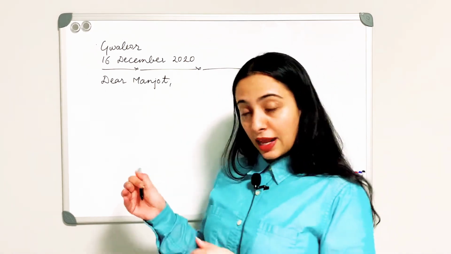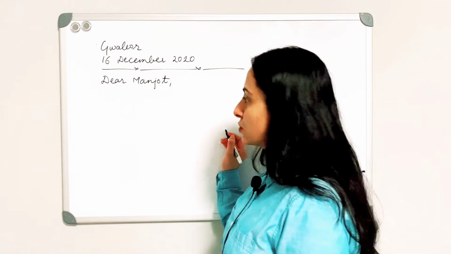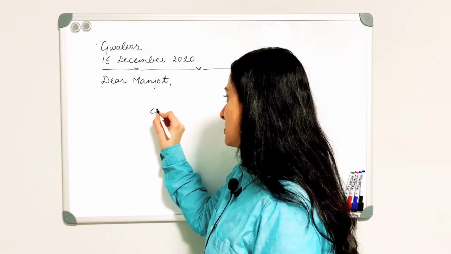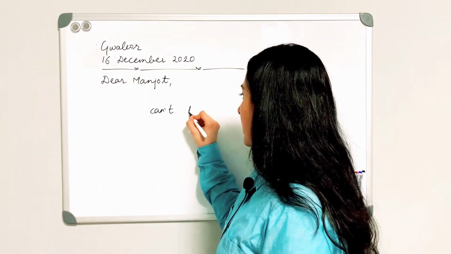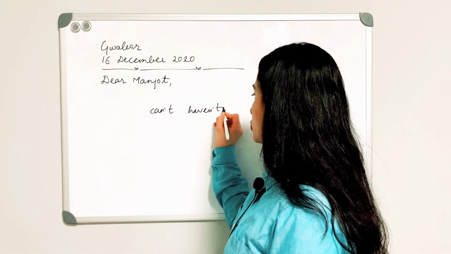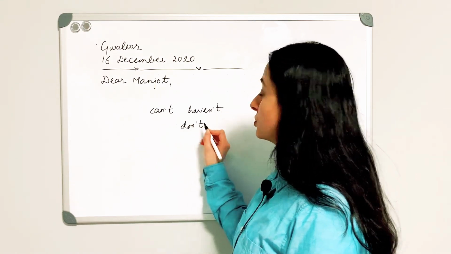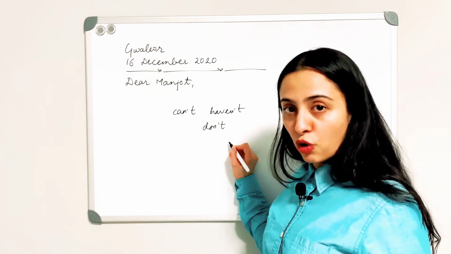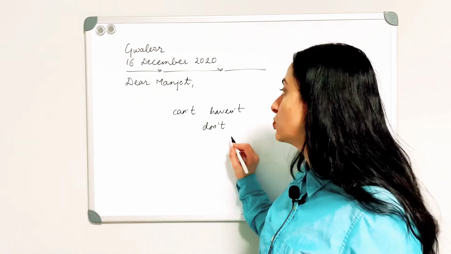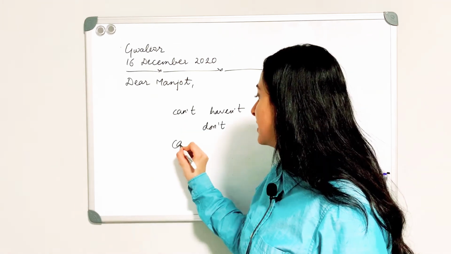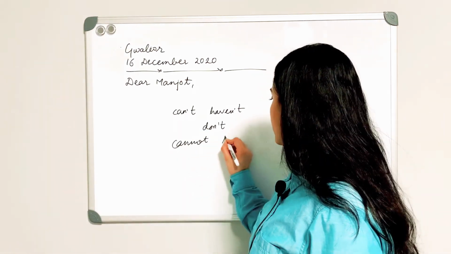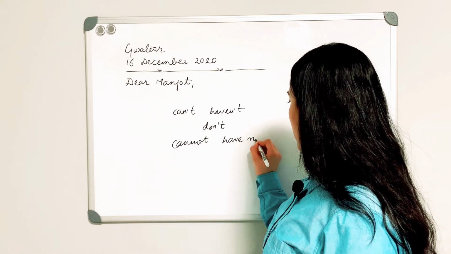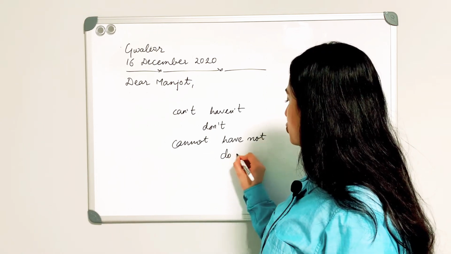We can actually use contractions in the informal letter, like we can use can't, haven't, don't. We do not use contractions in formal letters. In formal letters, we write these as cannot, have not, do not.